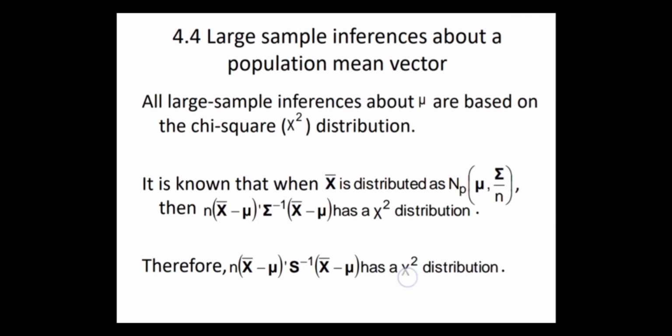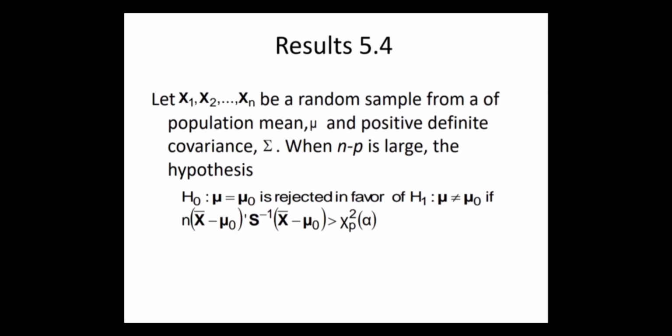So when dealing with a large sample, we reject H naught when the square distance is more than chi-square p.